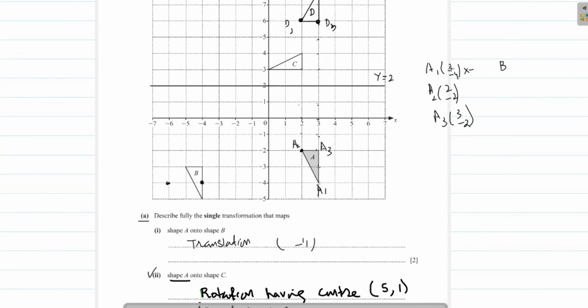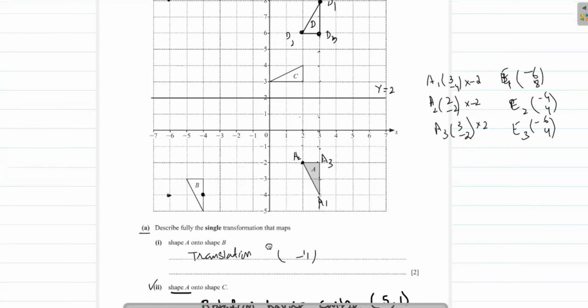If we multiply these coordinates by -2, when the center of enlargement is 0, 0, we can get the image points. You see here this is (-6, 8), and this point we name, suppose, E1. Next point E2 is (-4, 4), and this point is E3. This is (-6, 4).